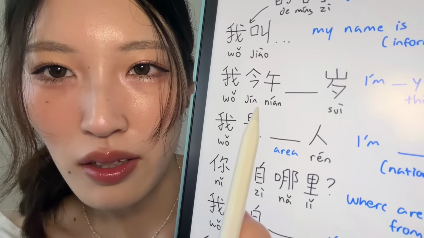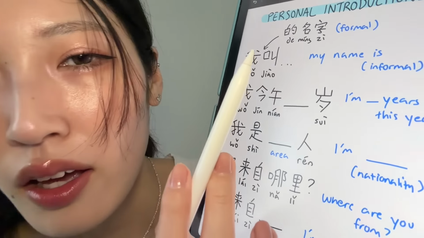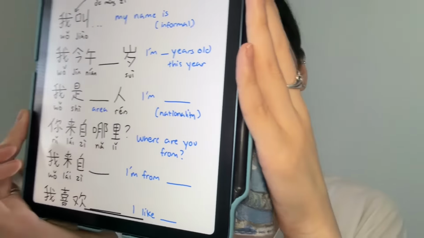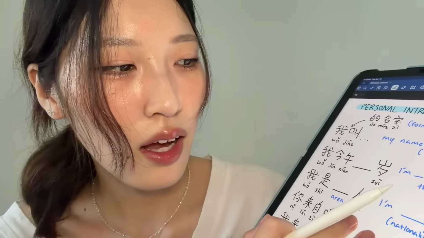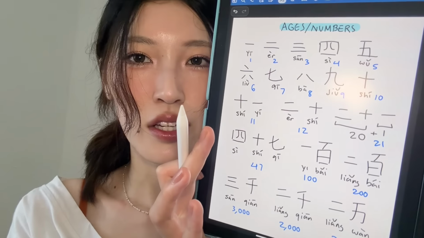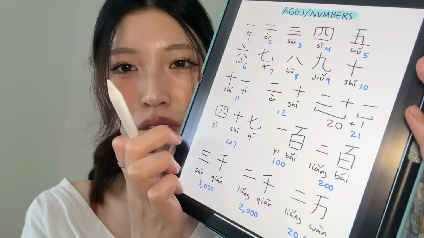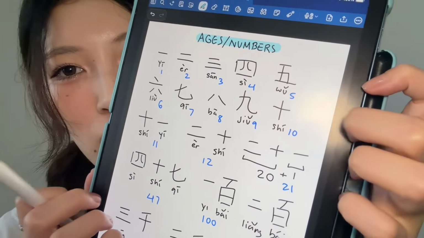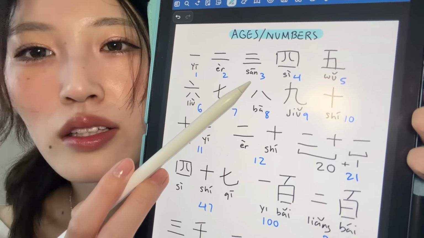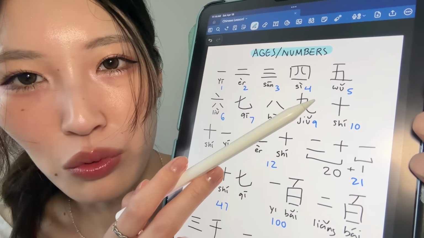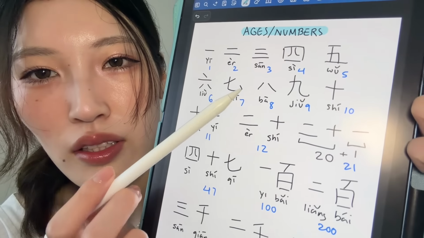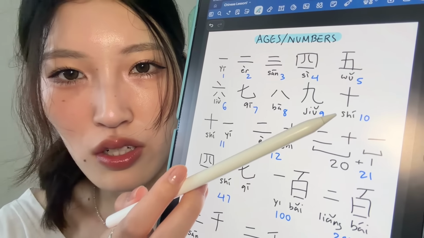So I have the pinyin down here just to help with the pronunciation, and of course we have the tones. So I have a slide over here to help you with your age and some numbers in general. So, alright, 1, 2, 3, 4, 5, 1, 2, 3, 4, 5, 6, 七八九十.